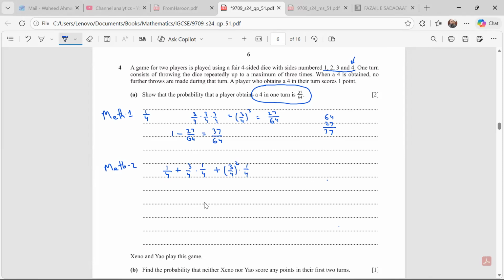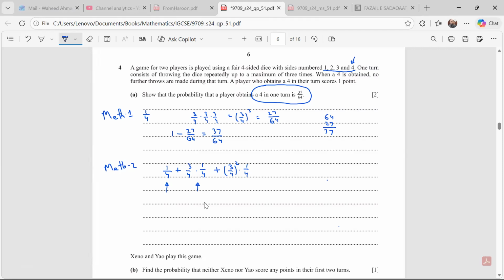Does it make sense? You know what I'm trying to do? They said that if you get a 4 in any trial, in first, second, or third, then you will not repeat after that. Let's say you did the first trial and you get 4; the probability is this much. Next, in the first trial you do not get it, but in the second trial you do; the probability of that event is this much.